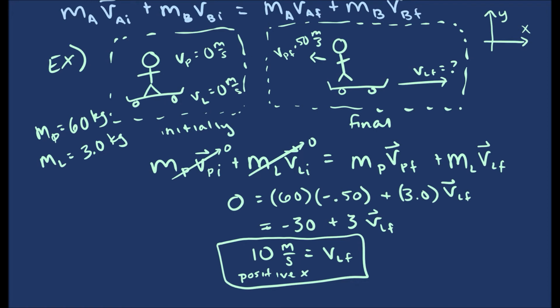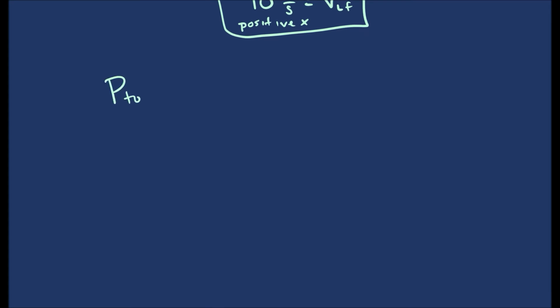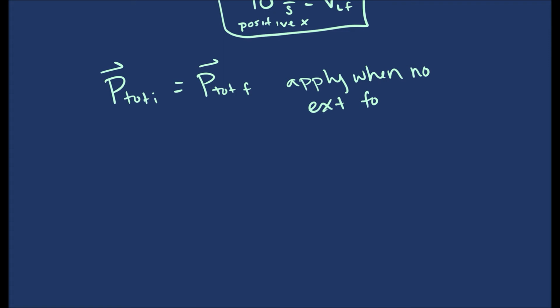Okay, when we look at these problems, it's important to know that this applies our conservation of momentum, P total initial equals P total final, when there's no external forces acting on our system that we've established.